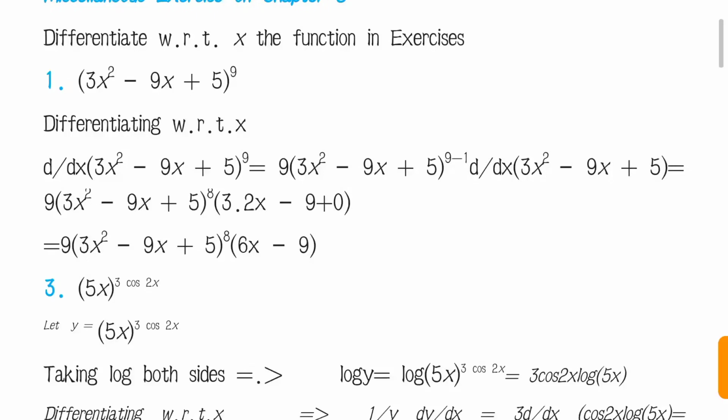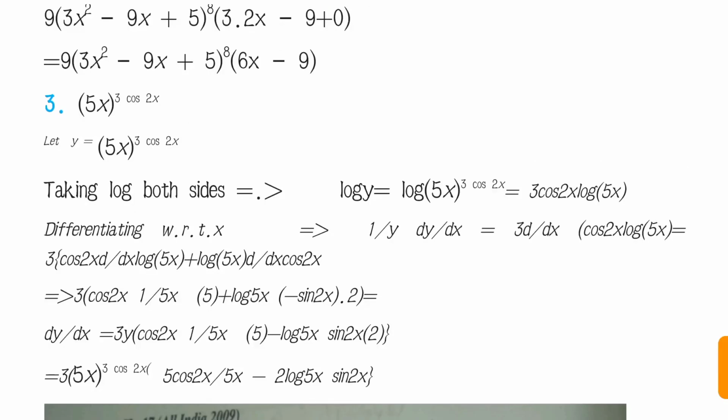Now there is question number 3, which is (5x)^(3 cos 2x). Here the function has a power function, so we consider it as y. y is equal to (5x)^(3 cos 2x). Now taking log both the sides, this is a question from logarithmic differentiation.